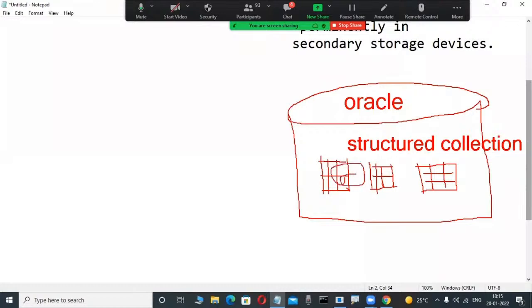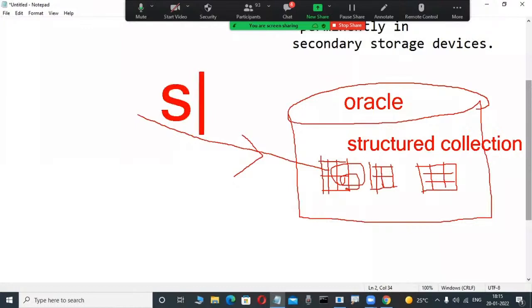Once we have a structured collection of data, we operate on this data using a language. What is that language? Maybe anybody has an idea? SQL, structured query language. Through this language we operate on the structured data in relational databases.